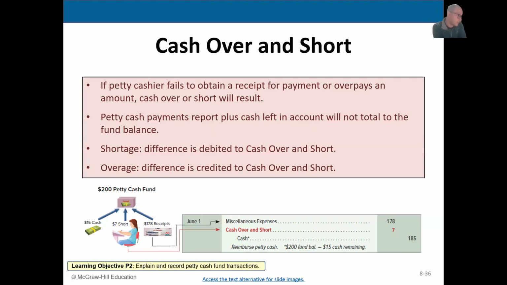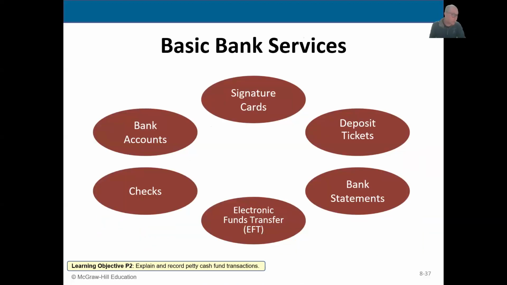Shortage, of course, is the difference. Shortage is debited. Overage is credited. So since I'm short $7 because I didn't get a receipt for whatever, I debit the $7. So that's what happens if it's over or short. Works the same way as the cash register situation.